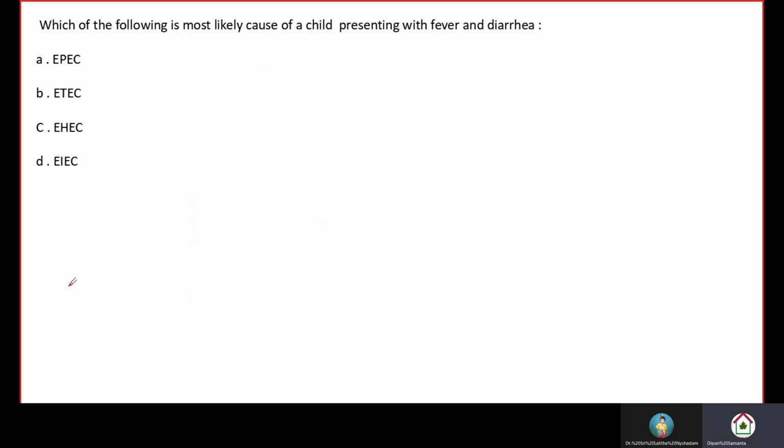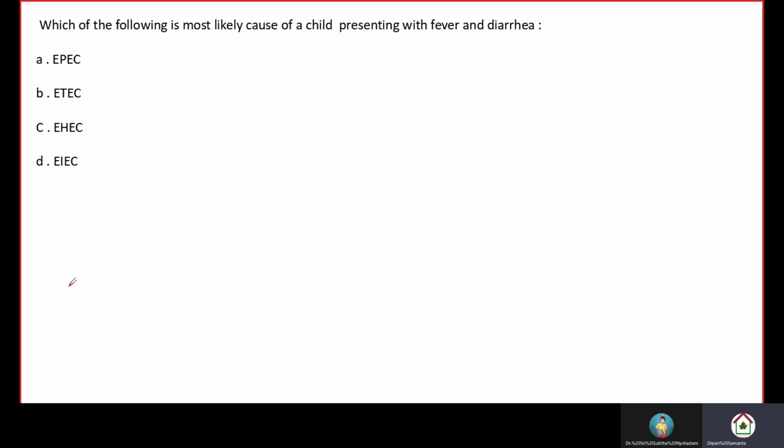Okay, which of the following is the most likely cause of a child presenting with fever and diarrhea? EPEC, ETEC, EHEC, EIEC.